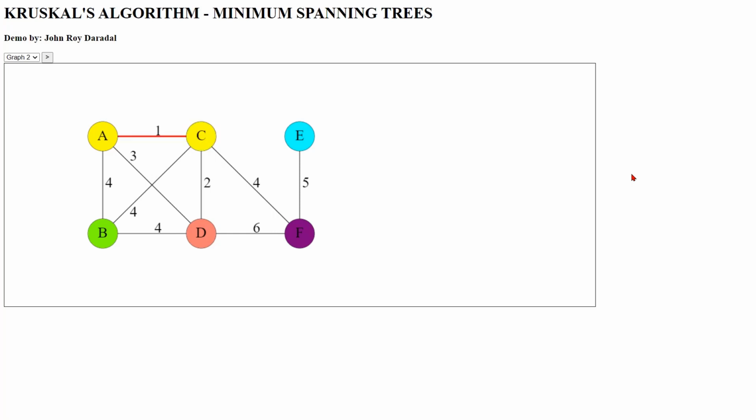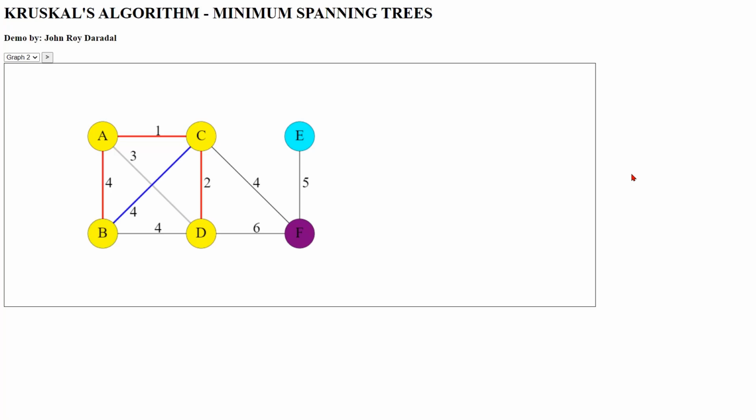After that, CD with edge weight 2, and those are also 2 different components. We'll merge them. AD already belongs to the same component, right? So we'll skip. And then there's a lot of 4s, so let's just go through them in order. So AB, A and B still belongs to 2 different components, so we'll merge them. Okay.